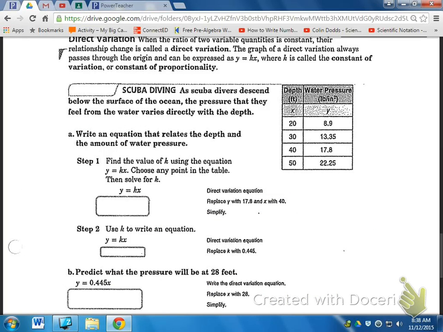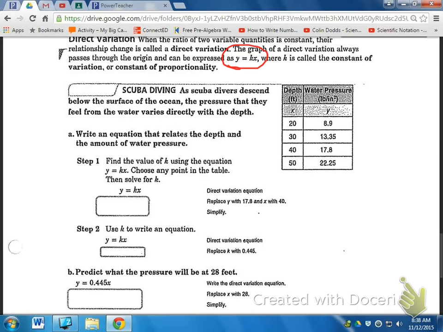Direct variation is when you have two quantities and their ratio is constant. It's the same all the way through. It's called direct variation. Generally, you see this equation, y equals some number times x, and that some number is the constant of variation. It's what relates x and y.